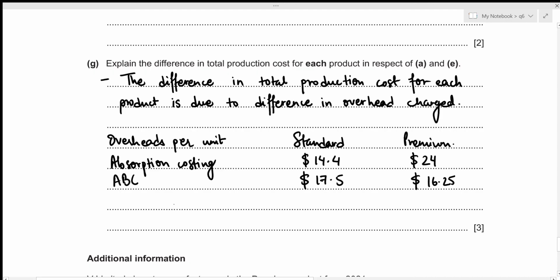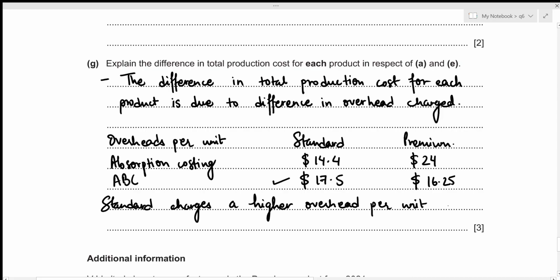So we can see that standard charges a higher overheads per unit under activity-based costing. Let's write it down. Standard charges a higher overhead per unit under activity-based costing.